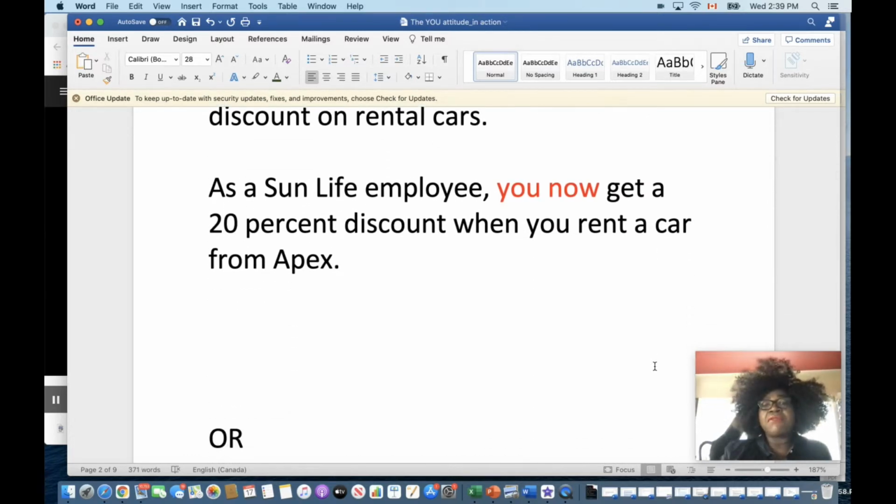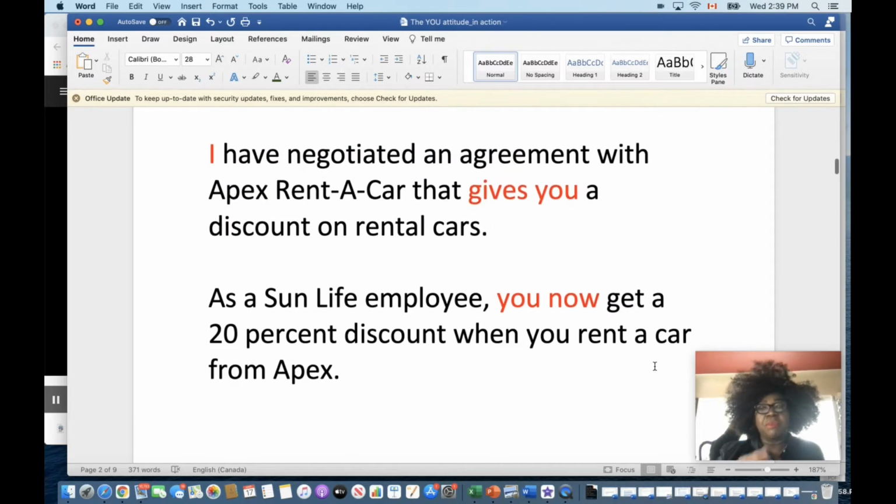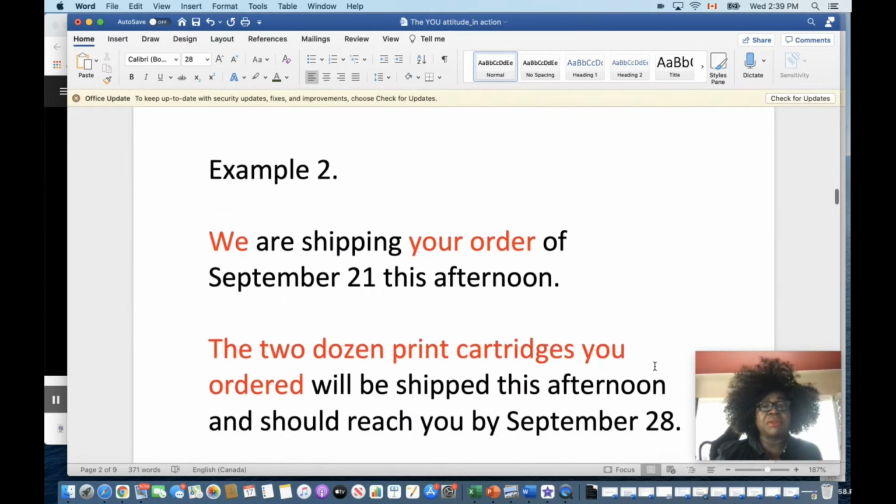As a Sun Life employee, you now get a 20% discount when you rent a car from Apex. So compare the two. Both have the word you, but one is looking out for the reader more than him or herself, the writer.